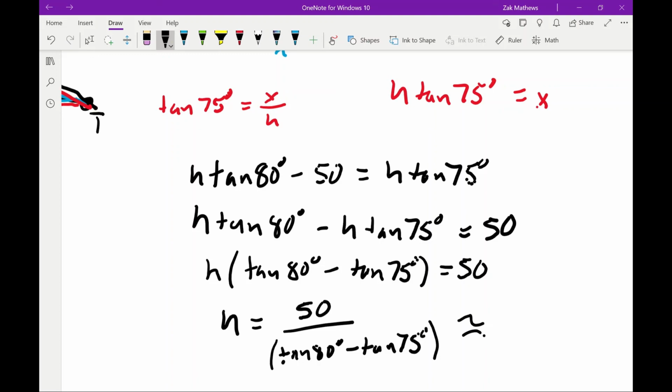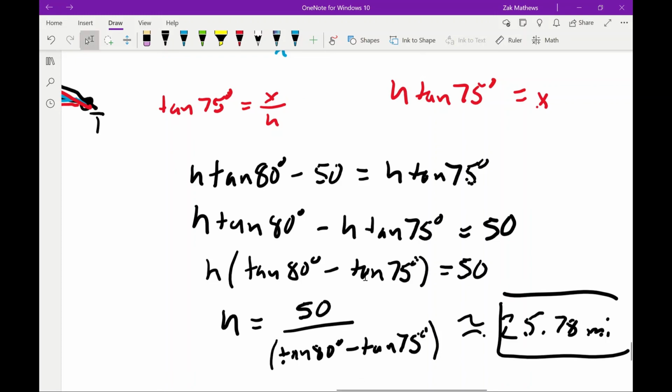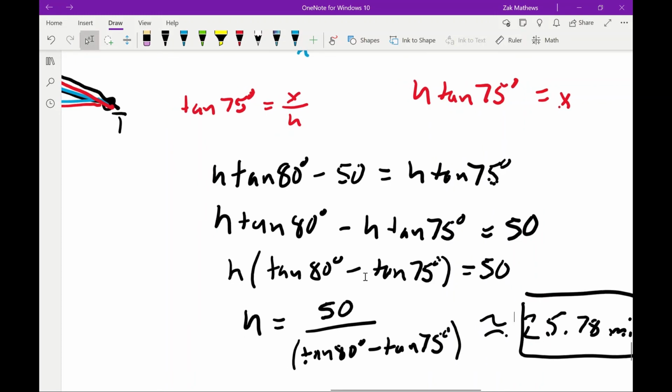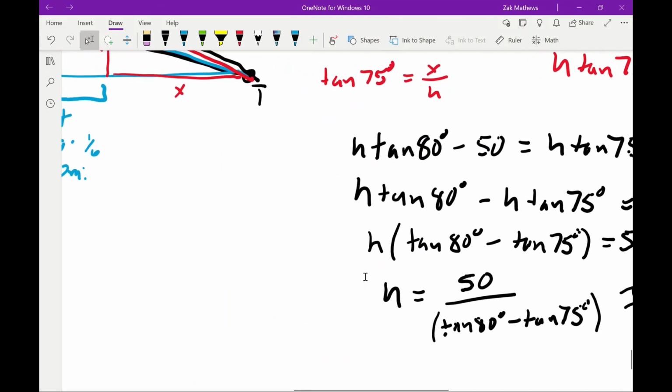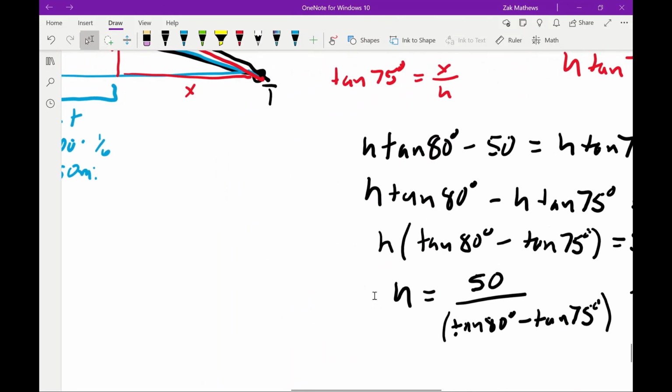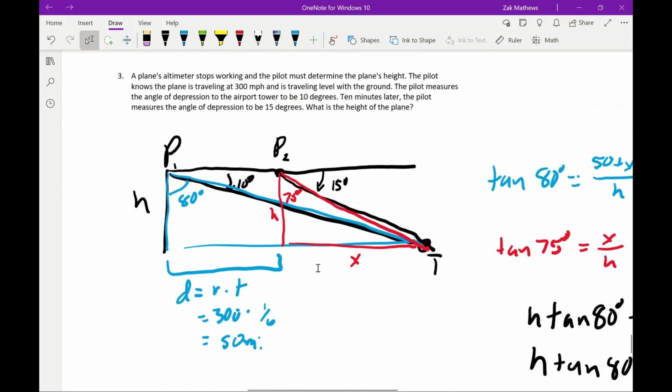And so when we do that, we should get approximately, again it is an approximate because we are rounding, 25.78, and our units were miles. So this thing is quite high, probably a little bit unrealistic, 25 or almost 26 miles above the height of the Earth, but we found the height nonetheless.